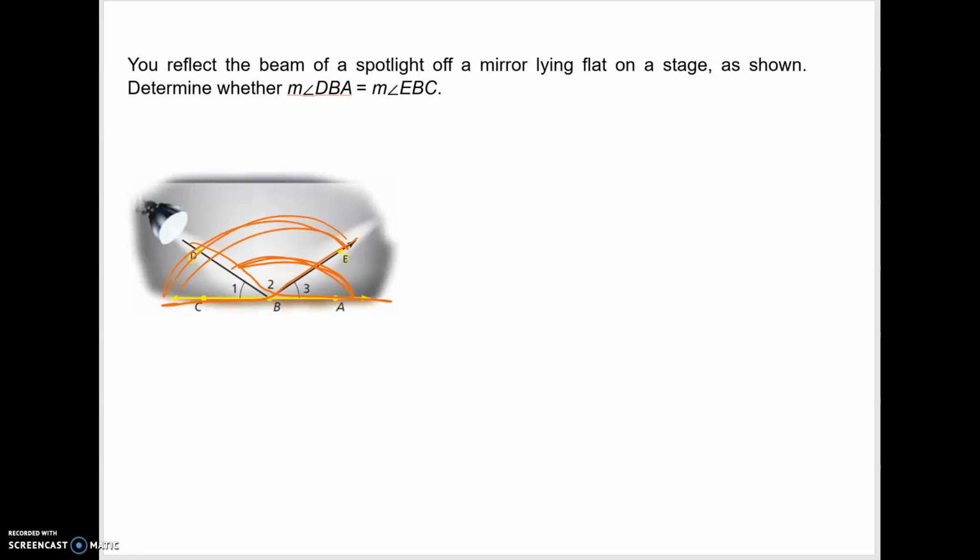Are those the same size? Well, if I look in my diagram, I actually have numbers for all of those angles inside, all of those pieces. And angle 1 is marked congruent to angle 3. So those are already equal, these small pieces.